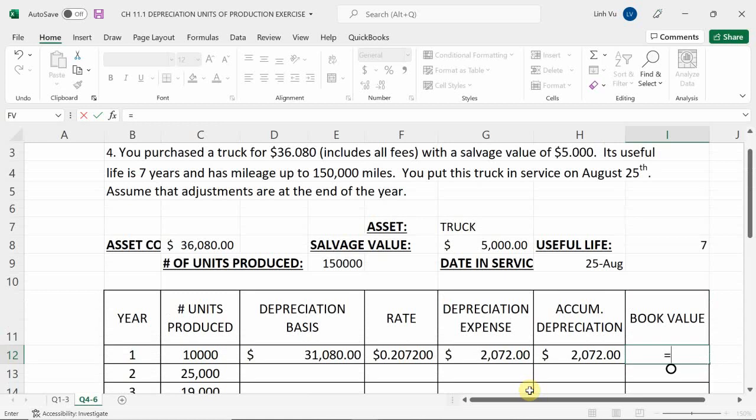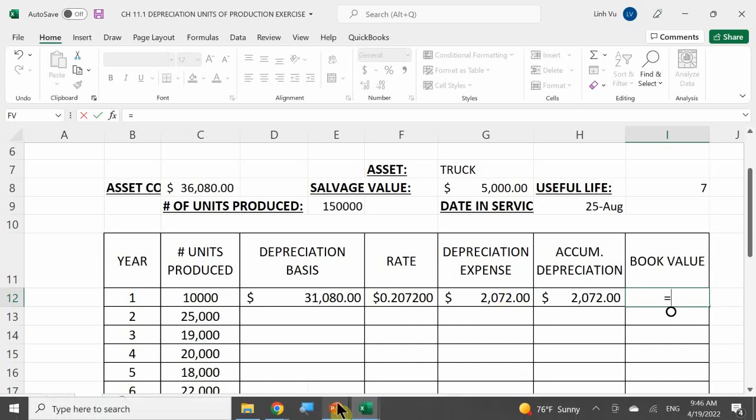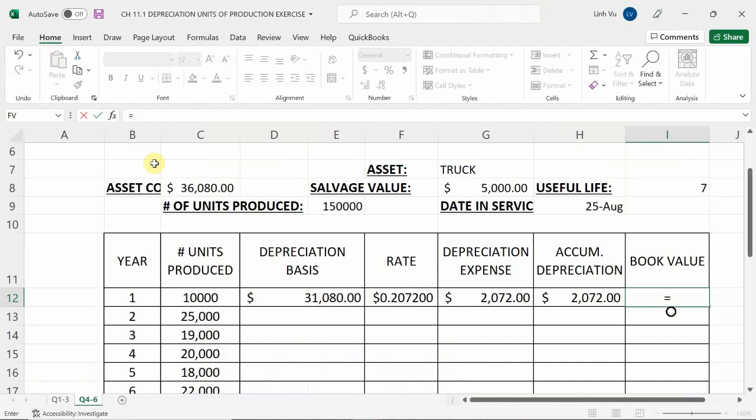No. What do we do with that accumulated depreciation? Cost of asset minus accumulated depreciation. 36,080 minus 2,072, so it'll be 34,008.